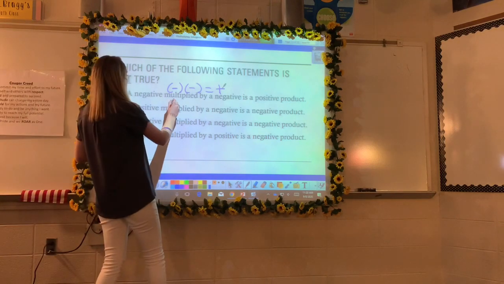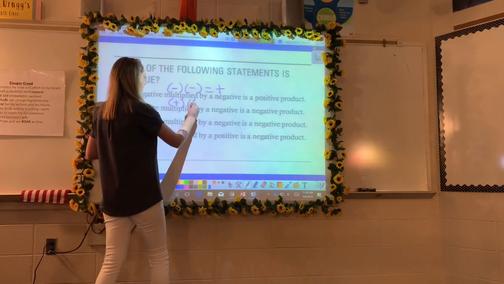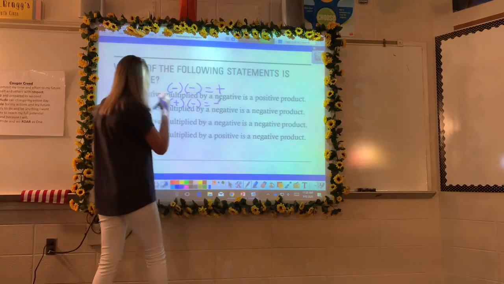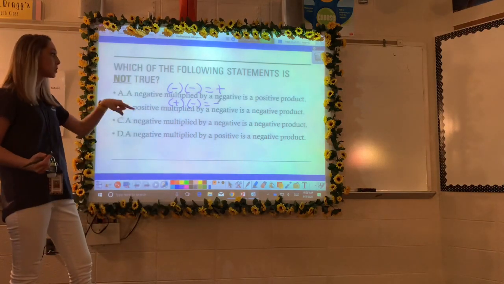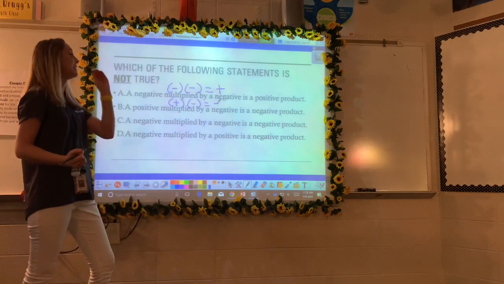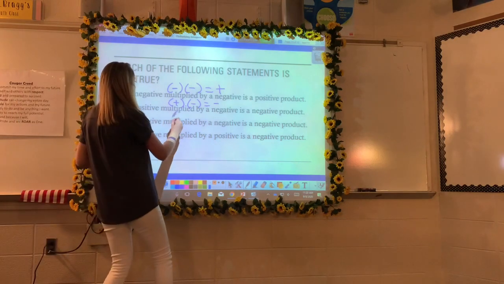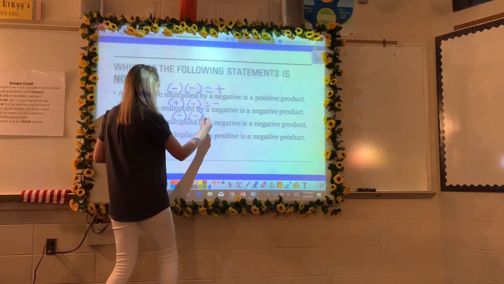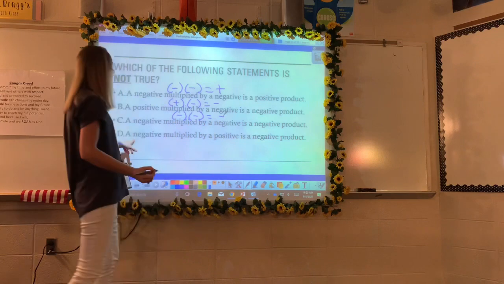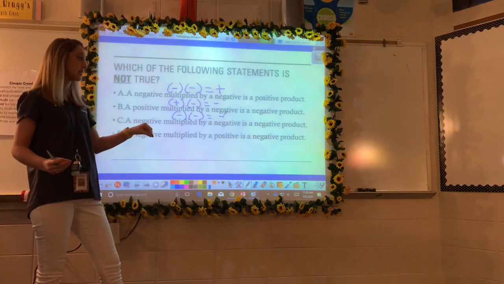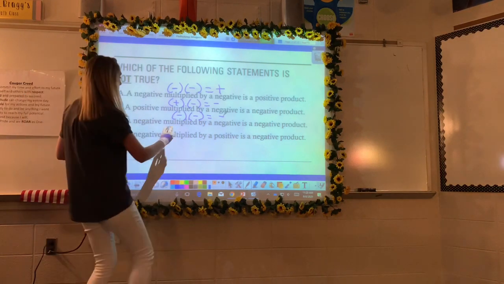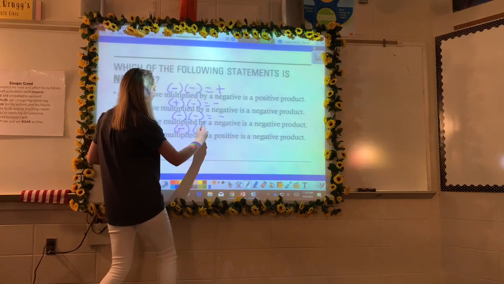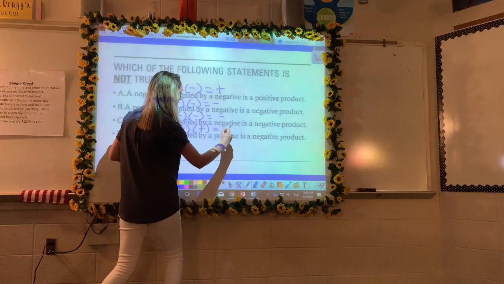So this one would be a positive times a negative gives us a negative. A negative multiplied by a negative is a negative product. So this is saying negative times negative equals a negative. And a negative multiplied by a positive is a negative product. So a negative multiplied by a positive is negative.